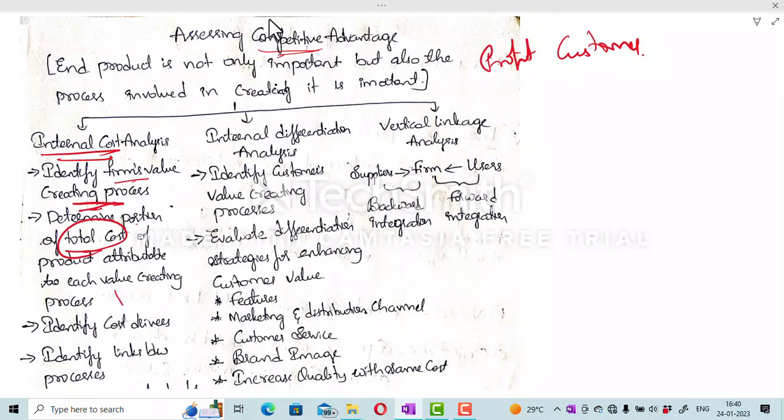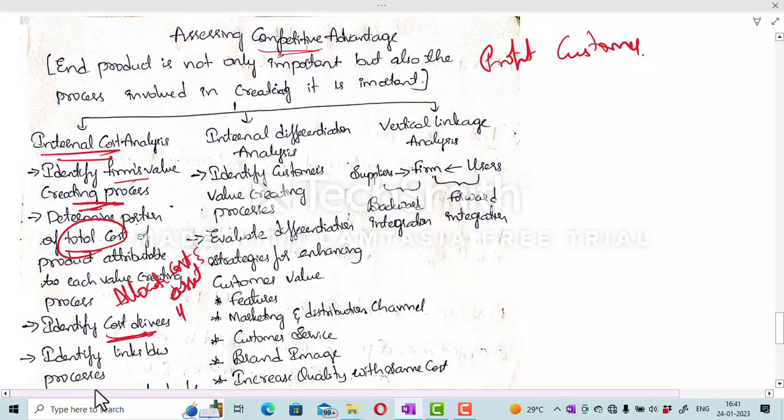It is nothing but allocating cost and assets. In the starting we learned about machinery used for two products. So we need to correctly bifurcate each and every cost, allocate it to the value it created, and identify the cost drivers. What is the basis of bifurcating the cost?